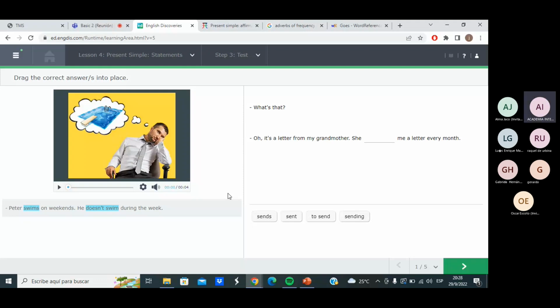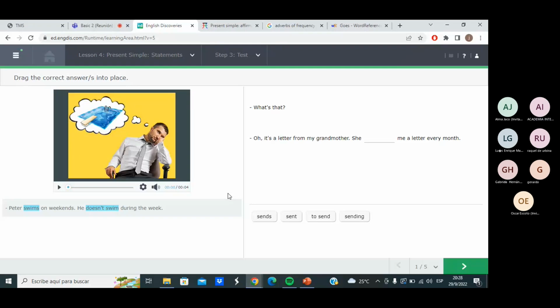O en algunos ejemplos, no se le agrega solo la S, sino que ES, como por ejemplo study, pero no lo pronunciamos studys, sino studies. Por ejemplo, she studies, de esa forma. O she buys, ella compra.